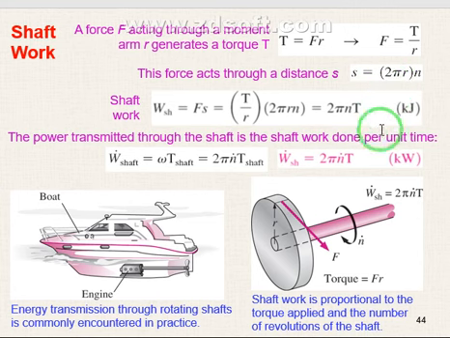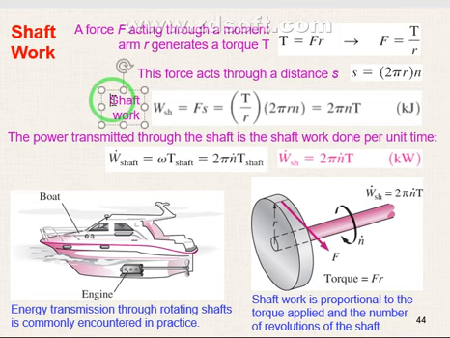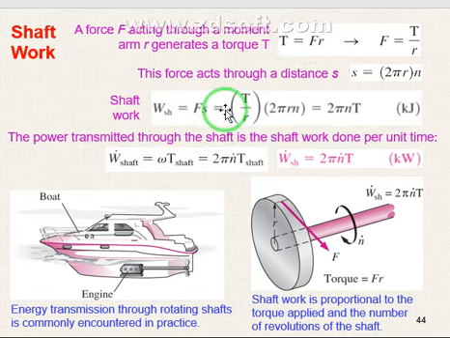Times how many rotations? So we're gonna use this equation. So shaft work will equal this force itself times distance, which equals this equation. So this is in kilojoule. Then we have the shaft itself. This epsilon here is a factor to convert shaft work to the energy, right, etc.